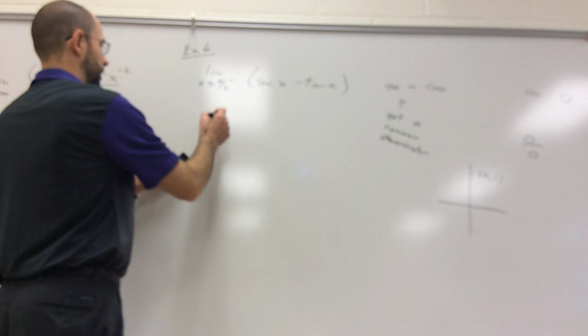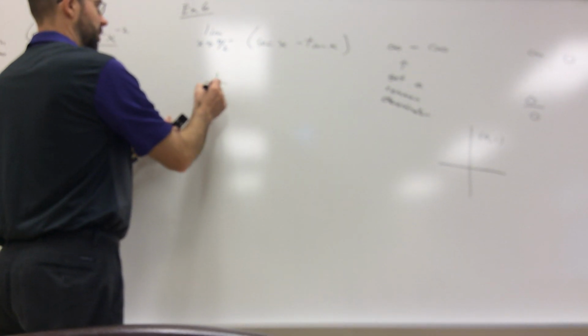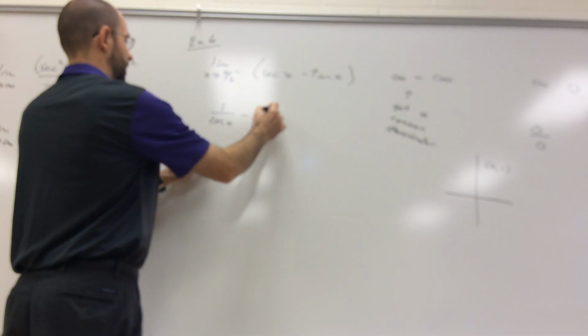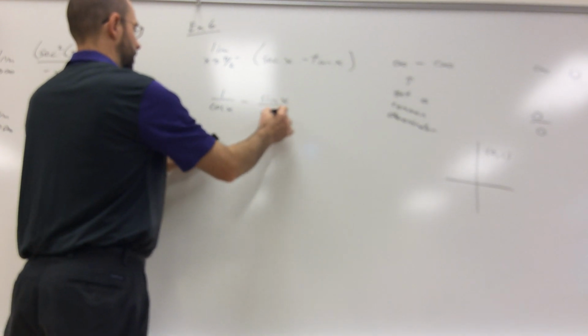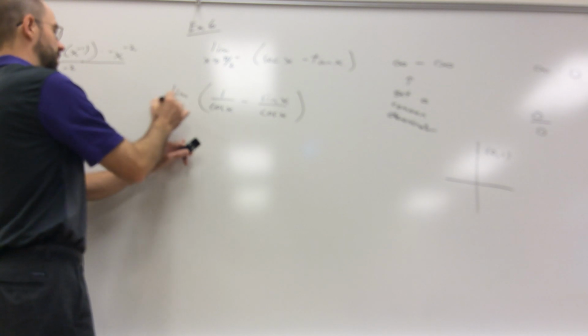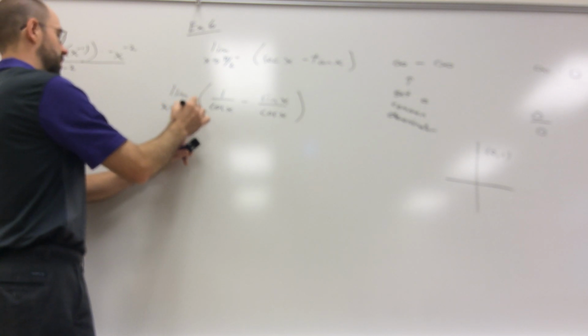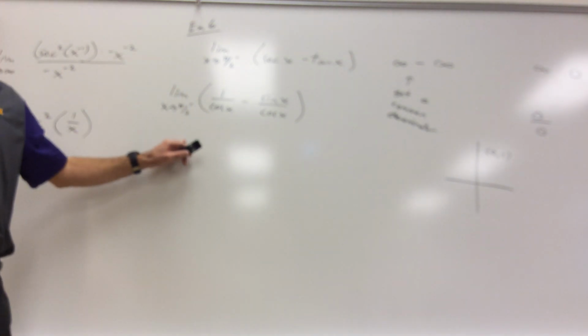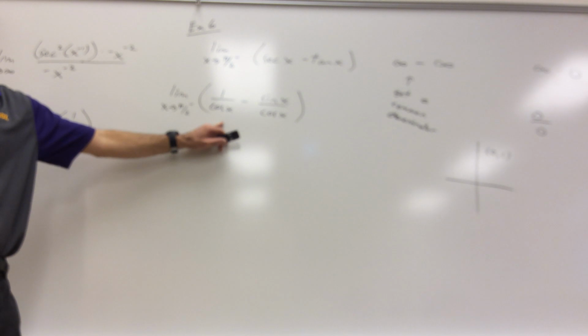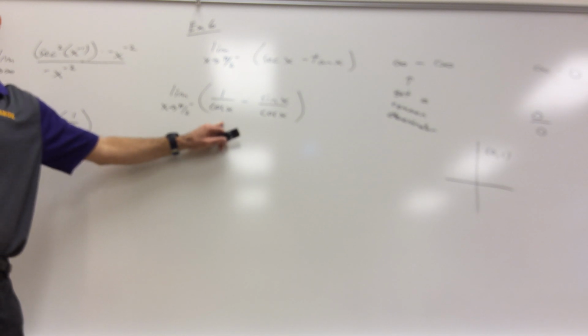And secant is 1 over cosine. And tangent is sine over cosine. So if you frame the problem that way, you really have a common denominator already. But there might be a different problem where you have to do some math to get the common denominator.